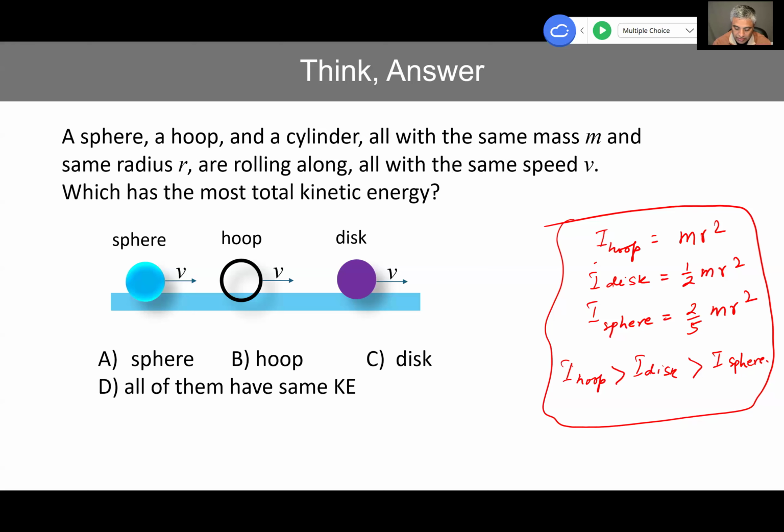Okay. So let's see. Kinetic energy: since all of these objects are rolling, we need to write both the translational and rotational terms. Mass is the same for all of them. Speed is the same for all of them. So this is the same for all.